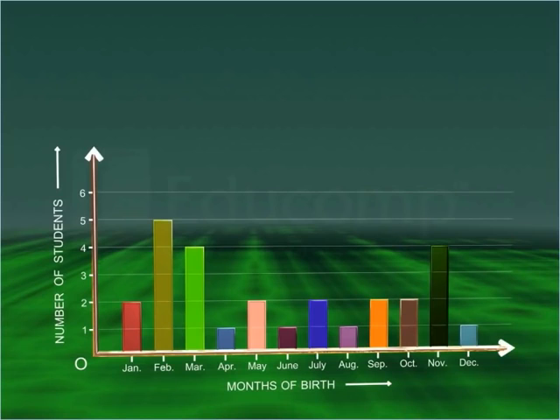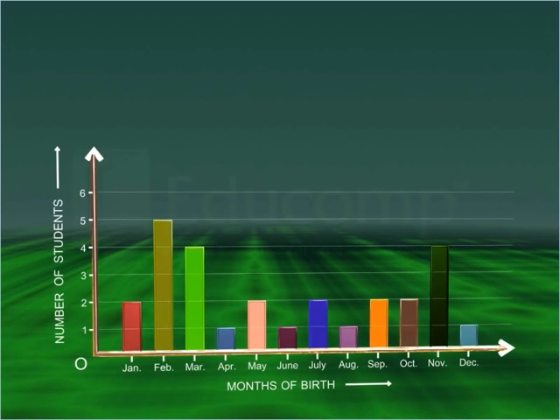From the bar graph, you can easily make out that the number of students born in the month of January is 2. Likewise, there are 5 students who are born in the month of February. Similarly, you can tell the number of students born in different months.